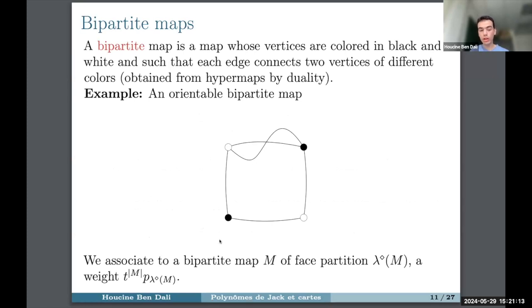And as for hypermaps, you can associate weights to bipartite maps, and I will use just this weight, which keeps the information of the size of the map and the degrees of faces, only faces. So we just forget about white and black vertices. And when I say degrees of faces, we look at the degrees of the faces and we divide by 2, because this is a bipartite map, so all faces have even degree.